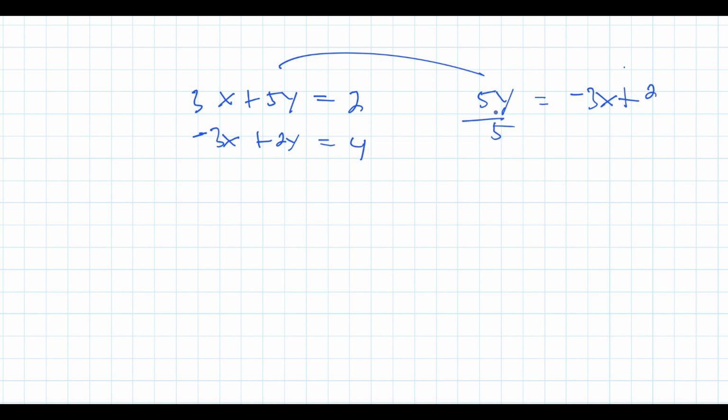So divide by 5, divide by 5. Y equals negative 3x over 5 plus 2 over 5. Actually, I'm not going to split it. I think it was easier the other way.